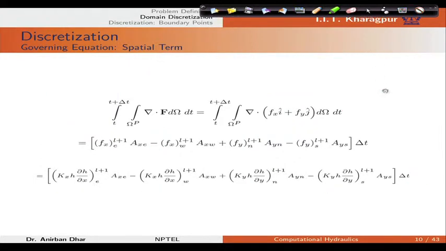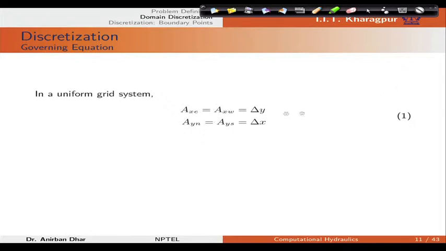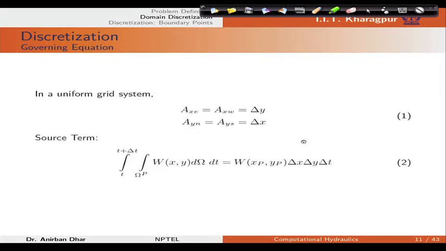Now, if we consider uniform grid system as I have discussed, so this will be the case. And source term, if we consider the source term, obviously this is valid for cell value, W is valid for cell value. So, obviously del x, del y, del t, they should be multiplied here.